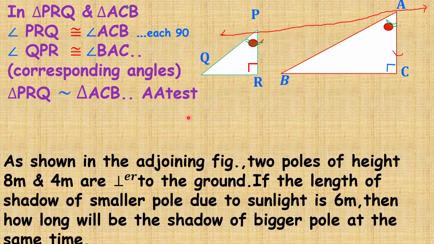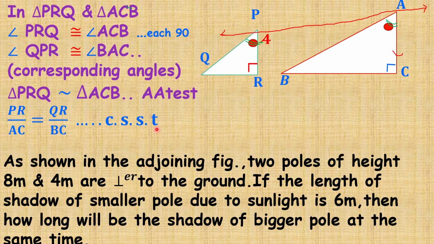And we know if these two triangles are similar, then their corresponding sides are in proportion. Therefore, PR upon AC is equal to QR upon BC, corresponding sides of similar triangles.